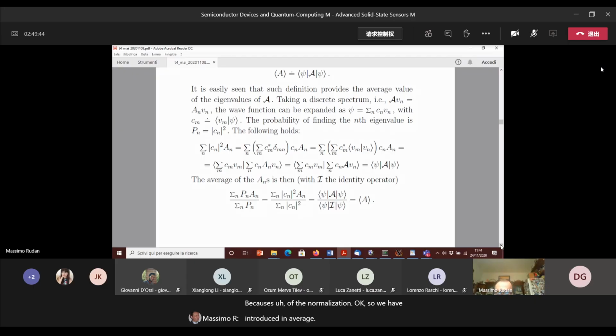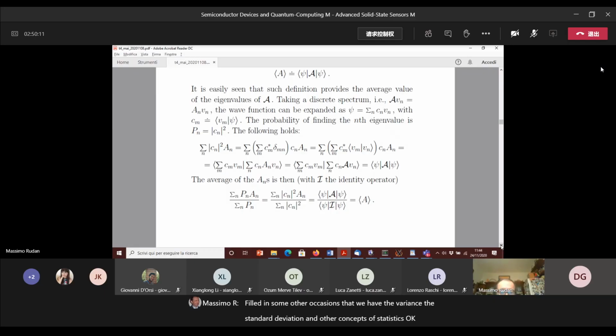Okay, so we have introduced an average of the eigenvalues. We may still play a little bit on these averages because we can extend the ideas to other possible averages that are important in statistics. You may have heard on other occasions about the variance, the standard deviation, and other concepts of statistics.